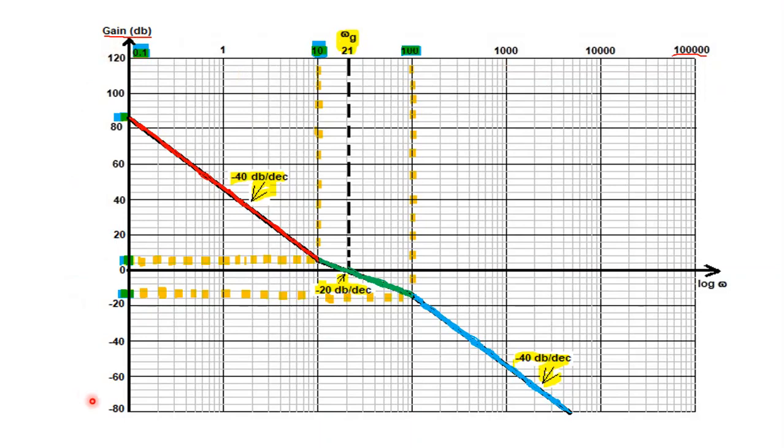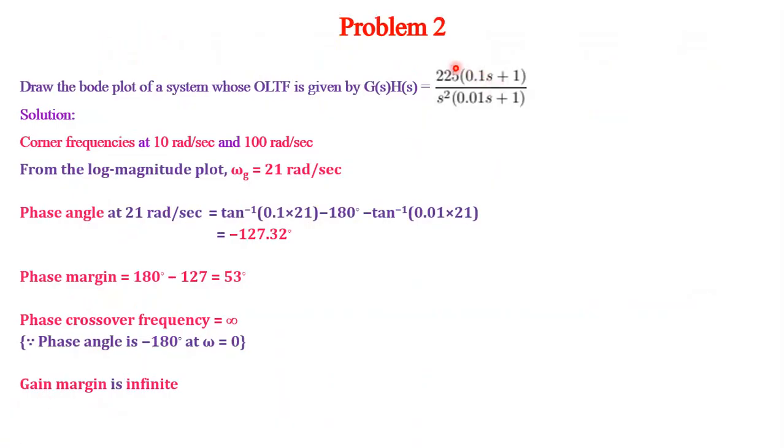how to take the scale for the gain, that we have to first of all understand. At 0.1, what is the contribution by the magnitude? That magnitude contribution is by 225 and 1 by s square factor only, because these two factors have corner frequencies of 10 and 100 respectively.